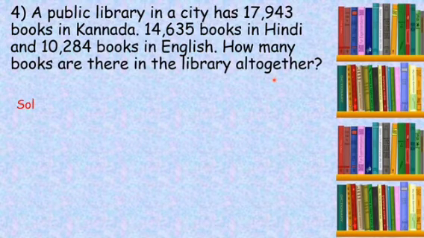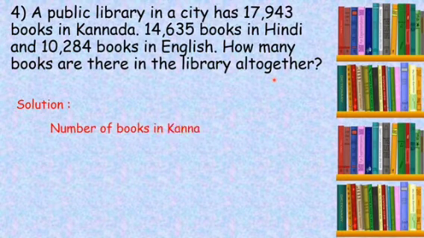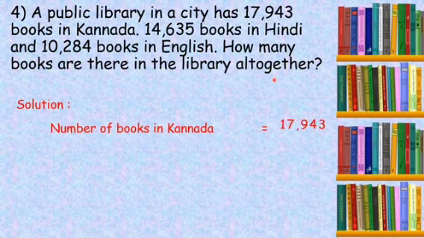Yes, for the solution, children, will you all do it together? Yeah, I think you have all finished it by now. Yes, let me see. Check if you have done it right in the same manner. Number of books in Kannada is equal to 17,943. Next comes Hindi.